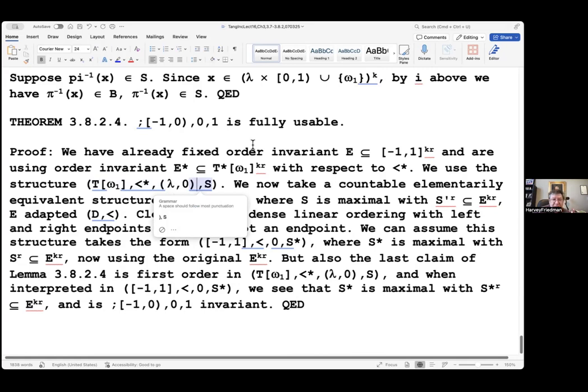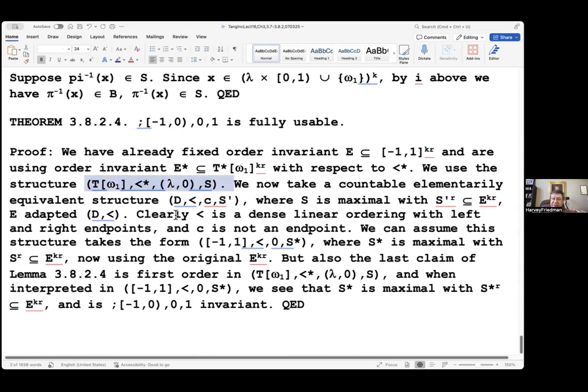And S, this structure really has the ingredients of invariant maximality. In other words, in this structure, S is actually maximal with respect to the order invariant constraint E. That's a first order statement in here.